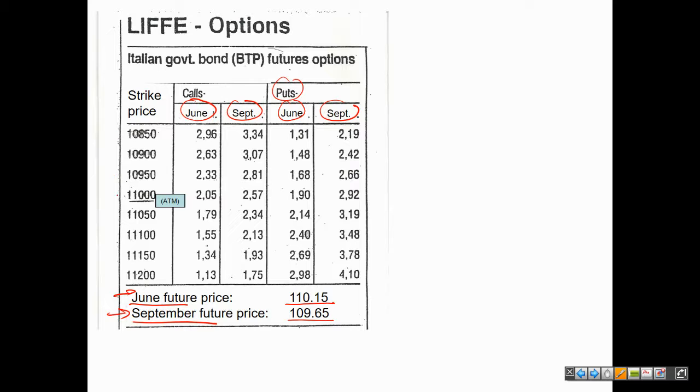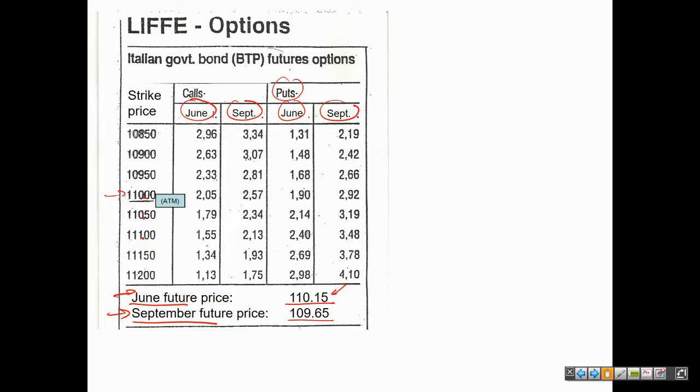When you look here at the strike prices, I don't know why they wrote that in this way, but this, which seems 11,000, is actually 110.0. This is 110.50. This is 111. To be compared with 110.15, which was the future price.